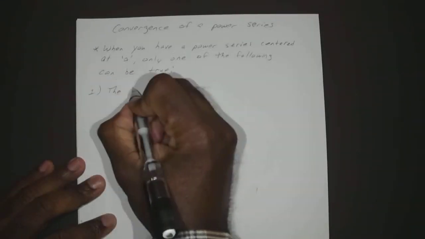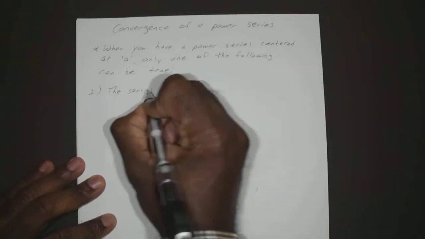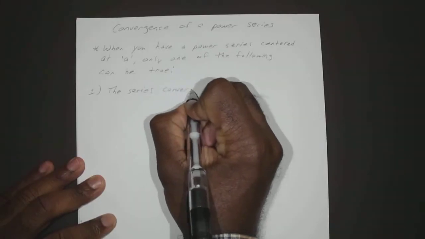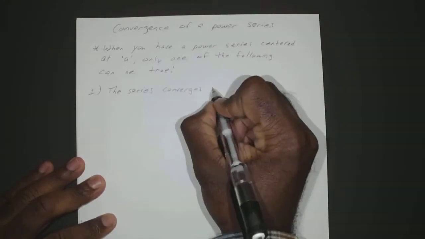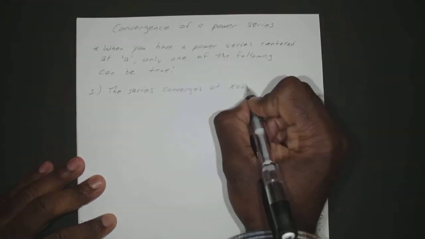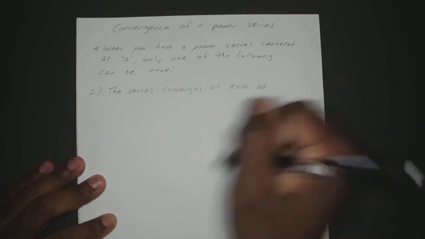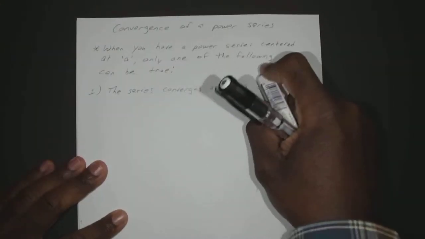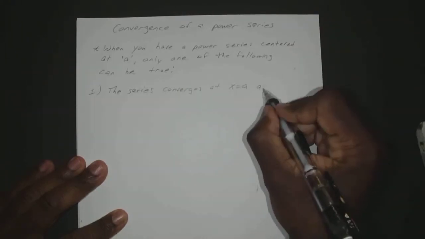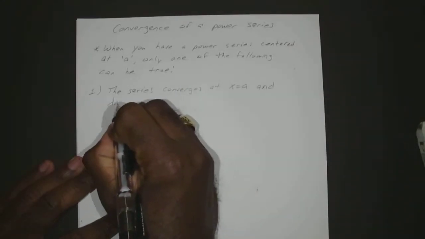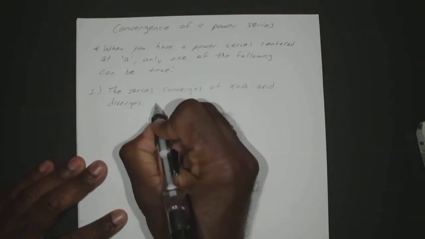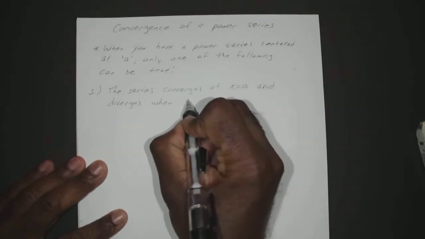Okay, so the series converges when x is equal to a, but it diverges for every other value, when x does not equal a. Okay, that's one option.